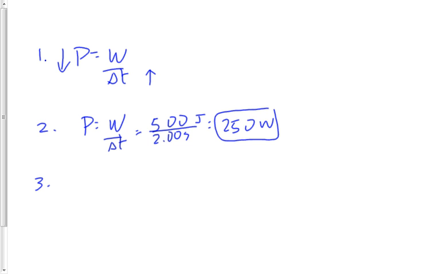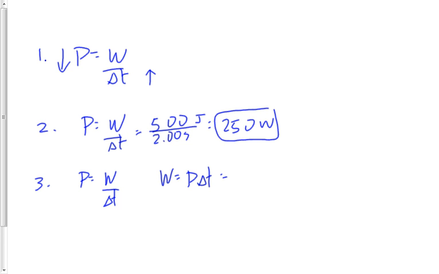How much energy is used by a 1500 watt hairdryer if it's left on for 6 minutes? Well, once again, power is work over time. We're looking for the energy used up, but the energy used up is delta E, right? Which is, by definition, equal to W. So really what we're solving for here is W, because power times time. The energy used up is the work done by the hairdryer.